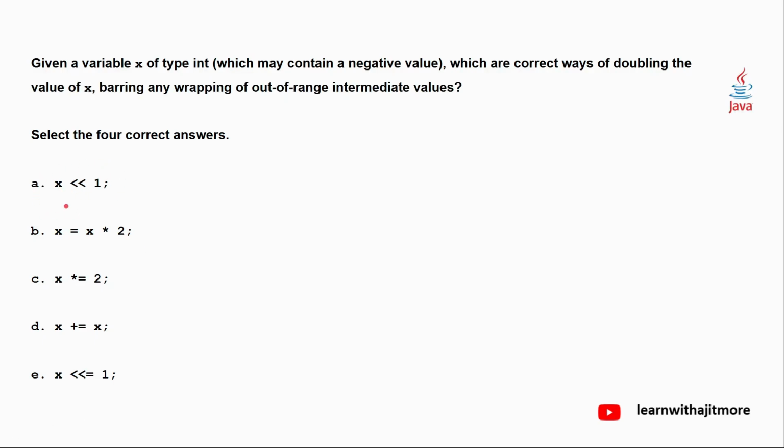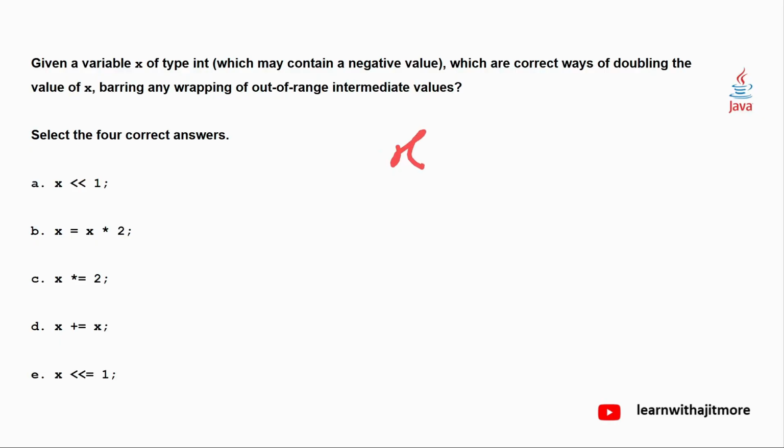Many may think, what is wrong with the first one? It is also shifting left side one time, but it is not doing any side effect, guys. It is just the expression. The answer you will get is x doubled, but it is not doing side effects. Side effect means, is x getting changed? This is just the expression.